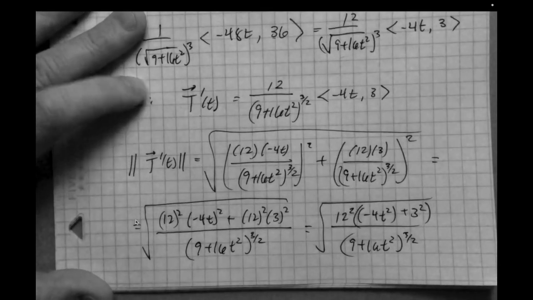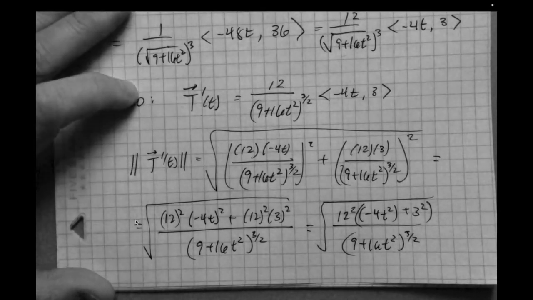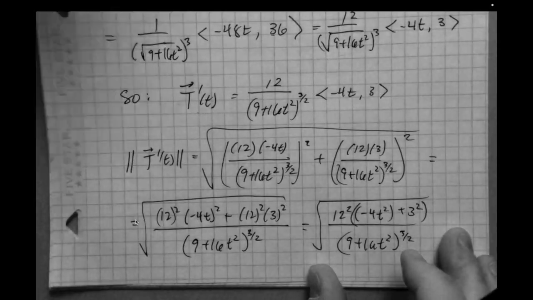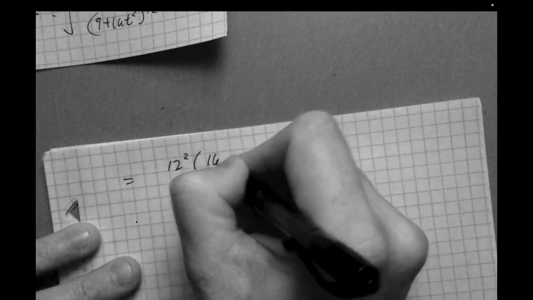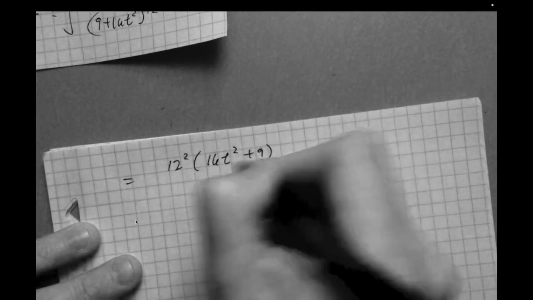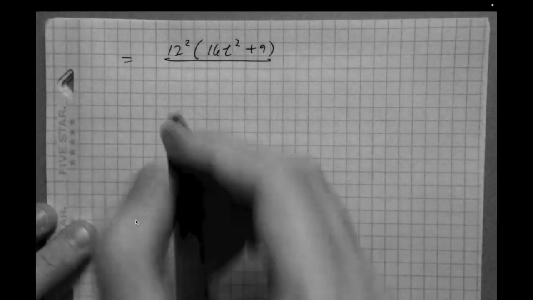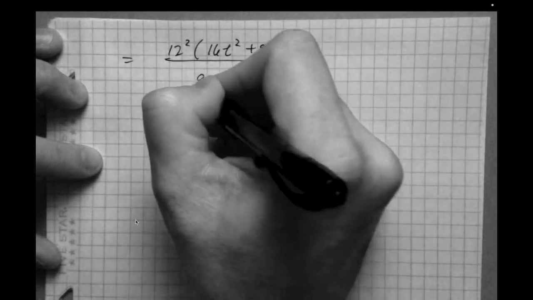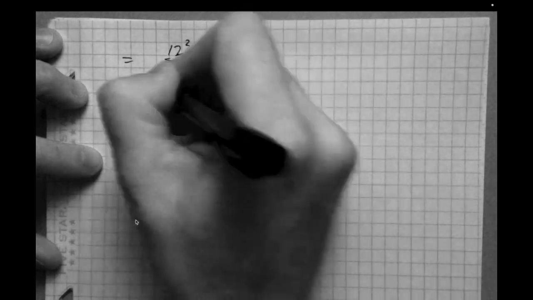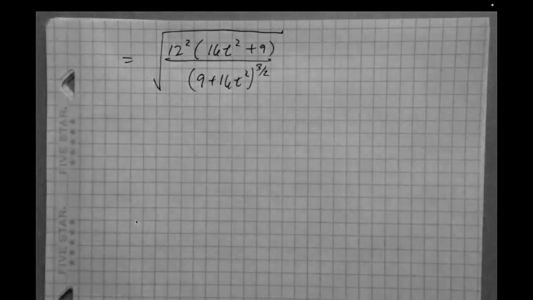Okay, so it looks like that. And let's switch pages here. Okay, so we've got 12 squared, and then we've got 16t squared plus 9 over 9 plus 16t squared to the 3/2 power, and then the square root of all that.